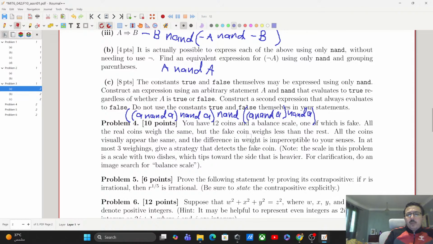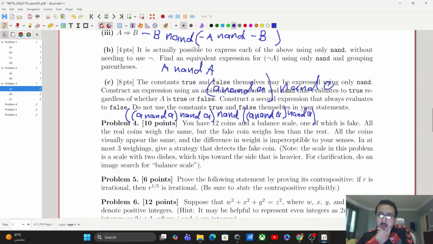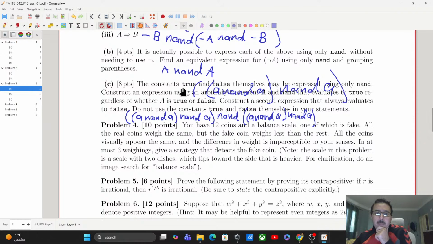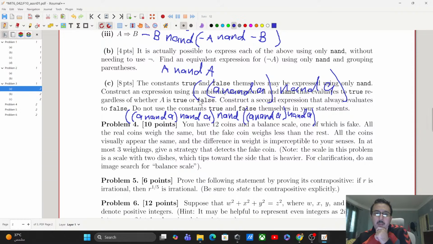This is what he means by the question. You should divide them. So the first question is, here, let's say NAND A, NAND A, always true. This is 1. This is 2. And this is what he means by it.